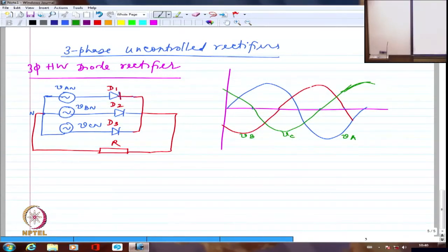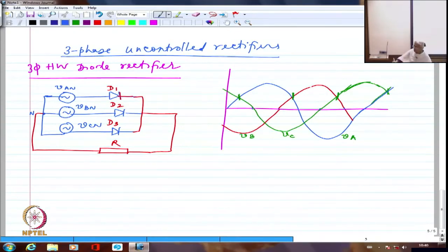Whichever is the diode which is having the maximum positive voltage, hopefully that will conduct. We will come back to the logic as to why that should only conduct. So during this portion, the maximum positive is with this particular phase. During this portion, the maximum positive is with red color waveform. During this portion, the maximum positive will be with green, right? Whatever is the maximum positive, let us say that conducts.